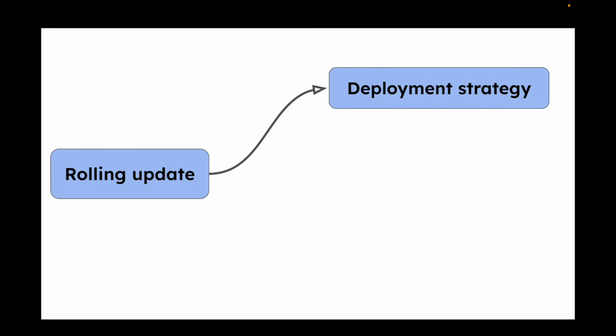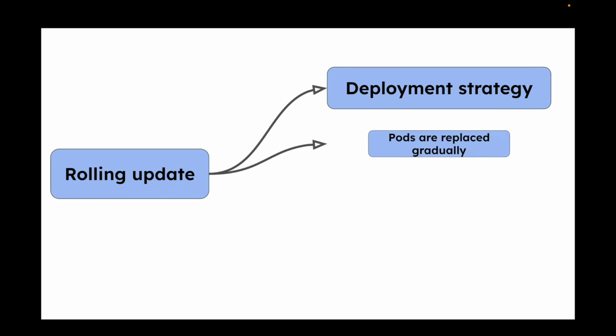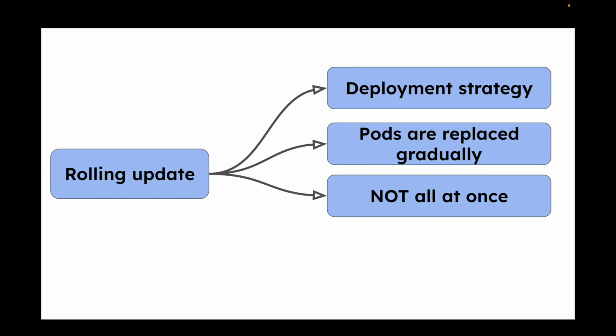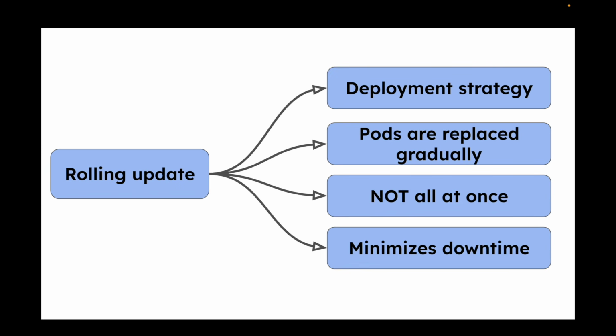The next question is, what is a rolling update? A rolling update is a deployment strategy where pods are replaced gradually instead of replacing all the pods at once. This mainly helps you with minimal or zero downtime, where you'll have at least one pod running.